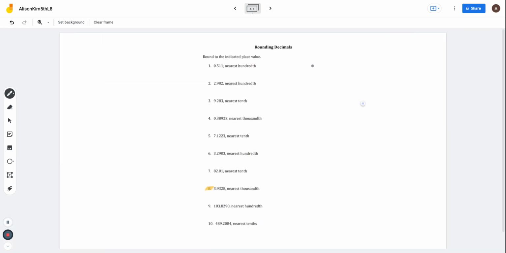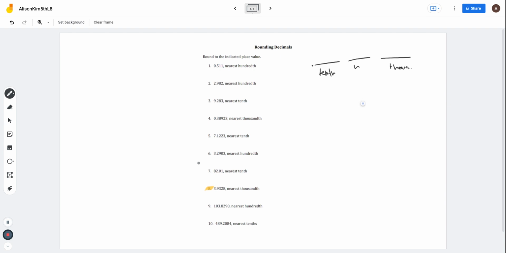Remember that the number right after the decimal point is the tenths. Then the number right after the tenths is the hundredths, and the number right after is the thousandths, right? That's a bit messy, but we're going to use this visual again for number 8.